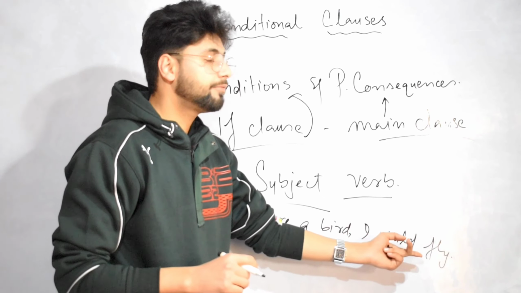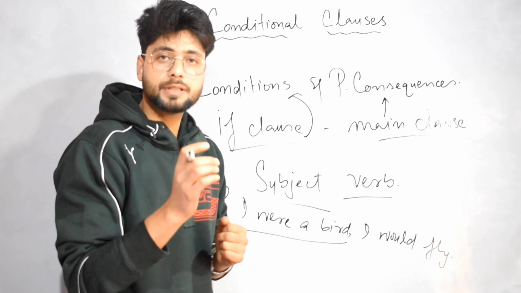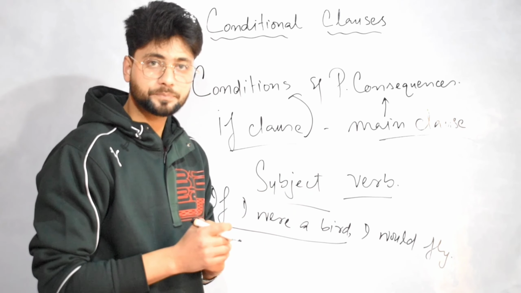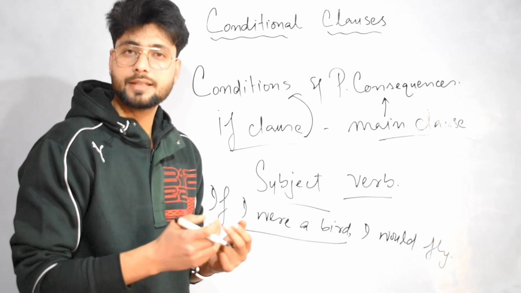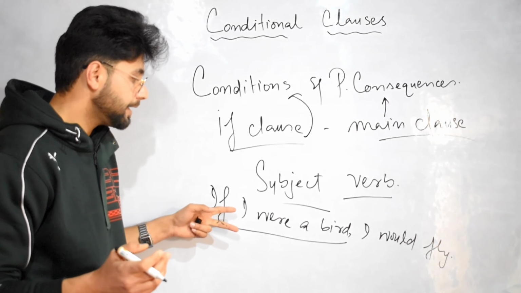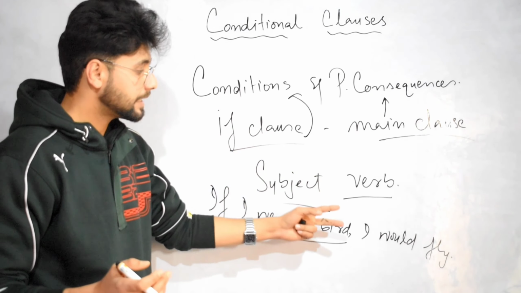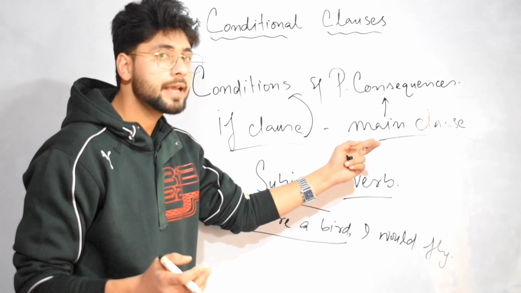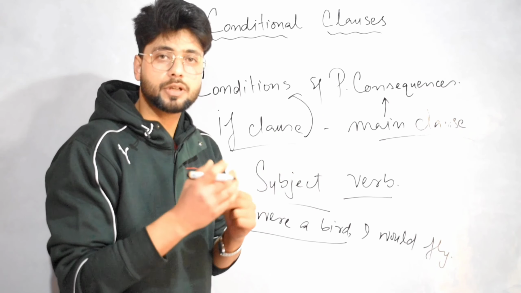And I would fly. This is the potential outcome. This is the potential consequence. So if I were a bird, I would fly. Simple. So first part is if clause or condition, and the second part is main clause. That is potential consequence or outcome.